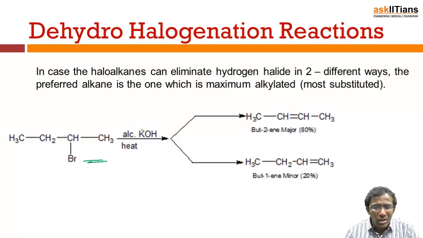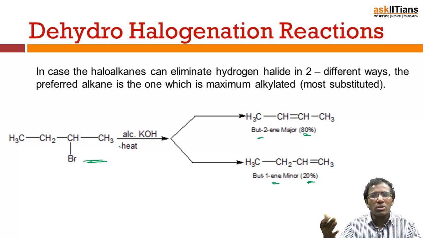When it is treated with alcoholic KOH and I heat this mixture, I will get two products, but only one of them is major. One is 80% and the other is 20%. So this is the major product. Here there are two possibilities, so let's see how these are formed and why one is in a greater amount than the other.